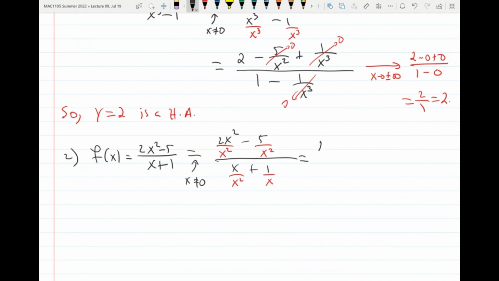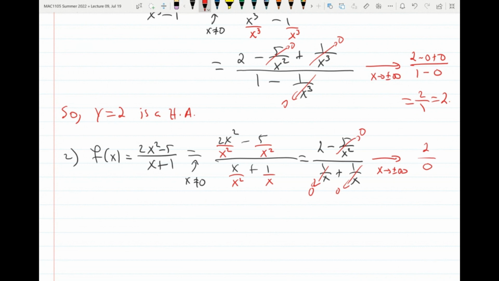So we get (2 minus 5 over x squared) over (1 over x plus 1 over x squared). As x approaches positive or negative infinity, the small terms go to 0, so we get 2 in the top and 0 in the bottom.